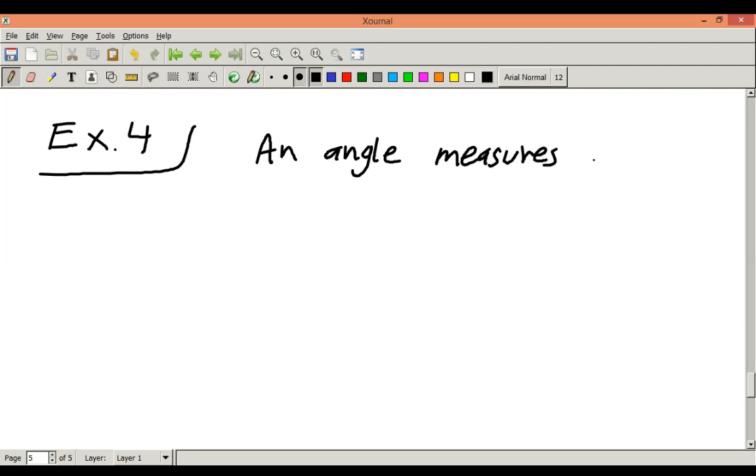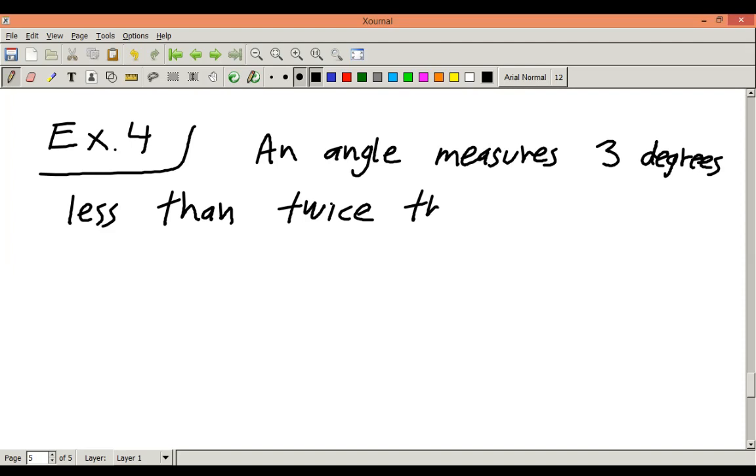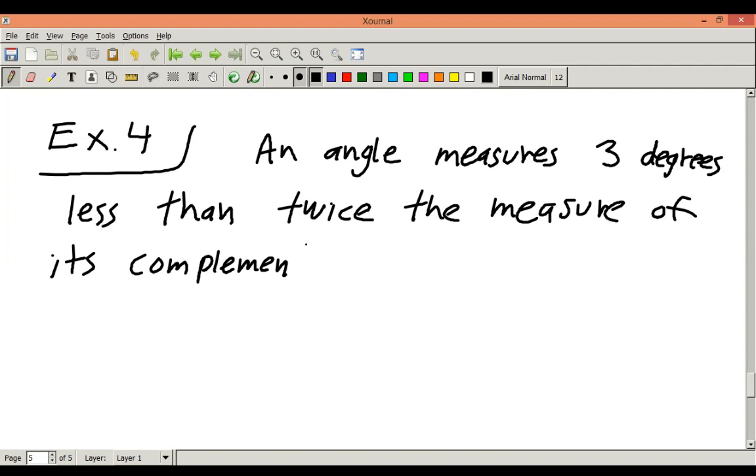An angle measures 3 degrees less than twice the measure of its complement. Find the measure of its complement.